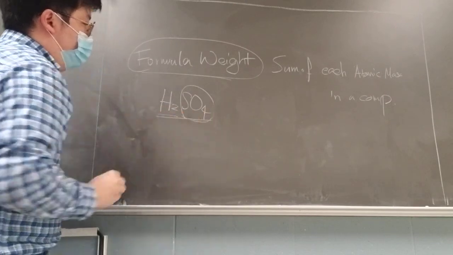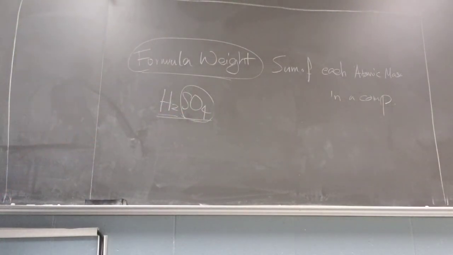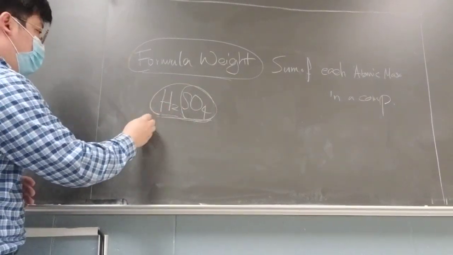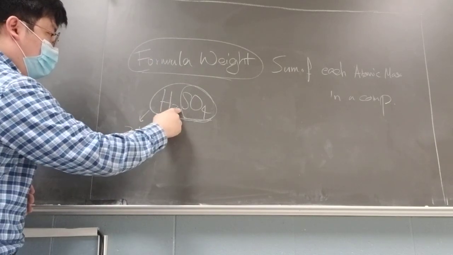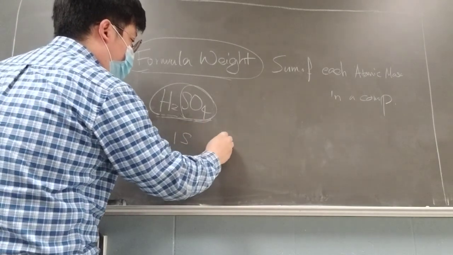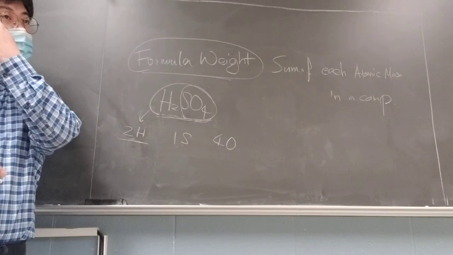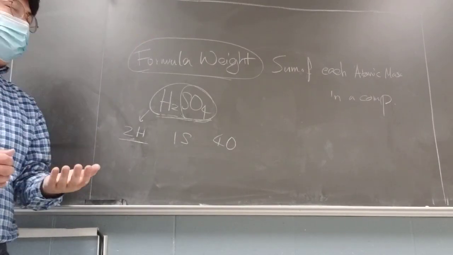But anyway, you can start with this one. So if you have H2SO4, it kind of makes sense what is written in the chemical formula. Each sulfuric acid will have 2 hydrogen, 1 sulfur, and 4 oxygen here. Okay. So the only thing you have to do is that the periodic table will be given on your exam, so you don't have to memorize anything.